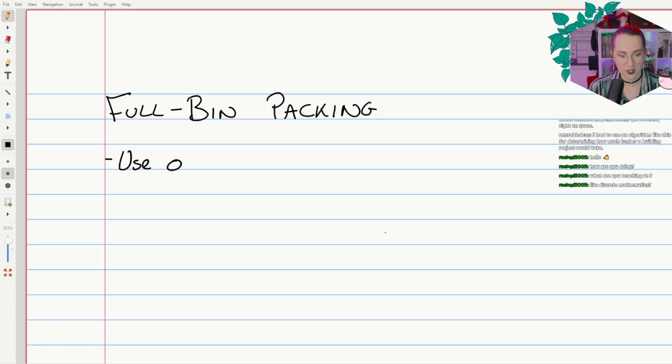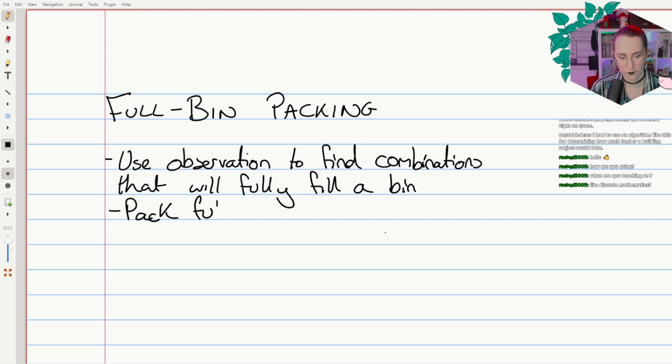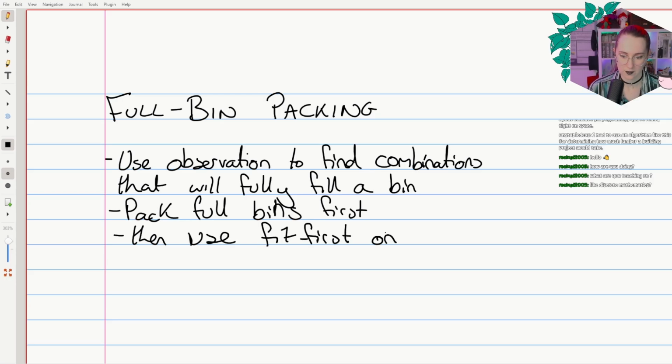So here is: use observation to find combinations that will fully fill a bin. Pack full bins first. And then use fit first on the remainder.